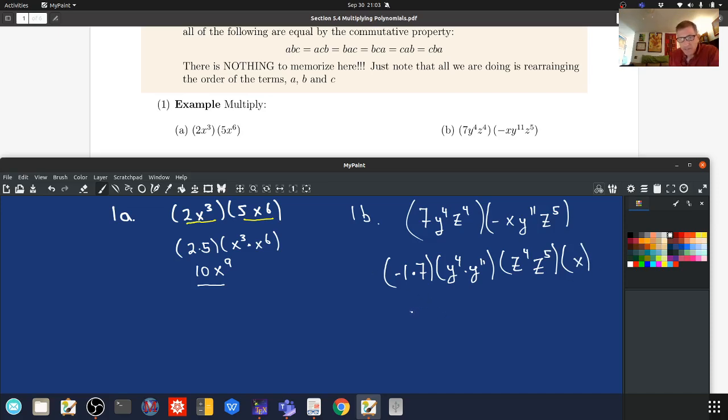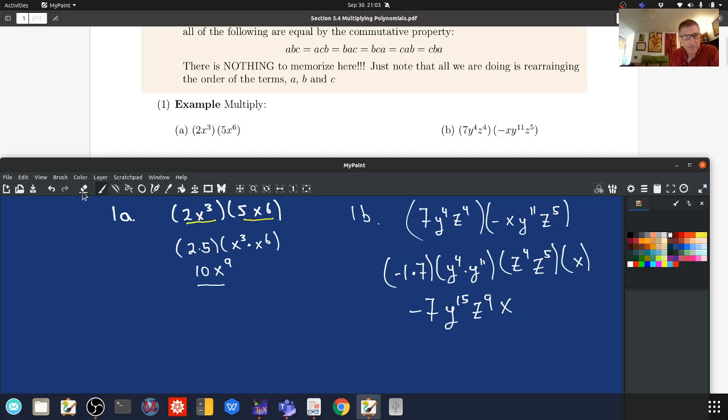And this gives us minus 7 y to the 4 plus 11 is to the 15th, z to the 4 plus 5 is z to the 9th, times x.